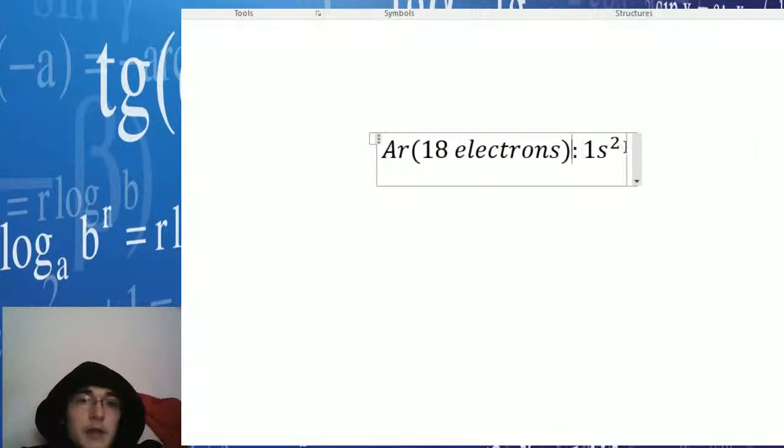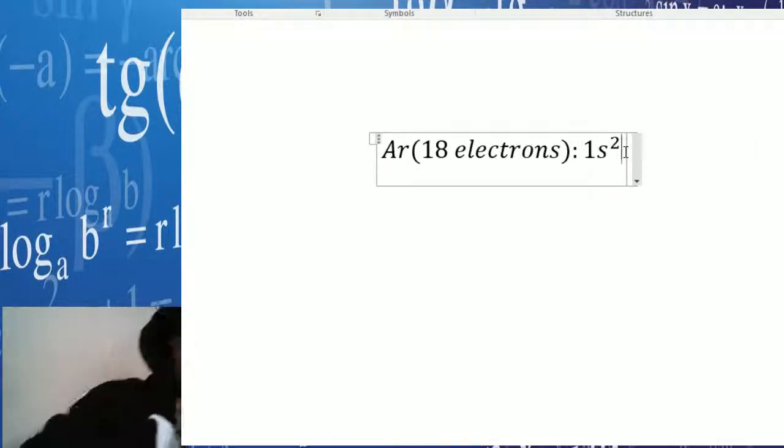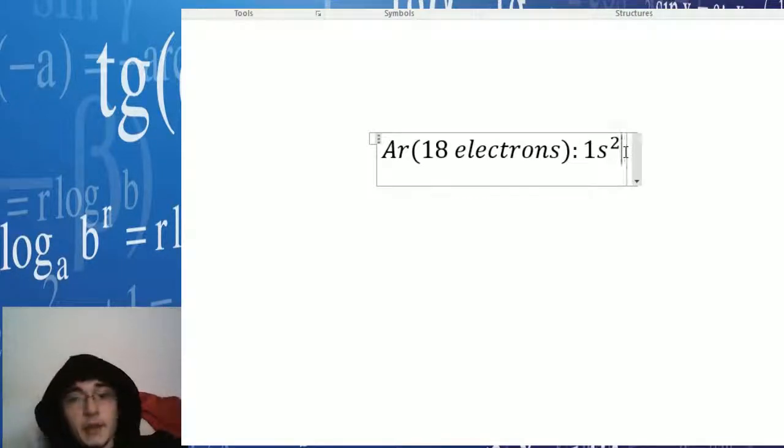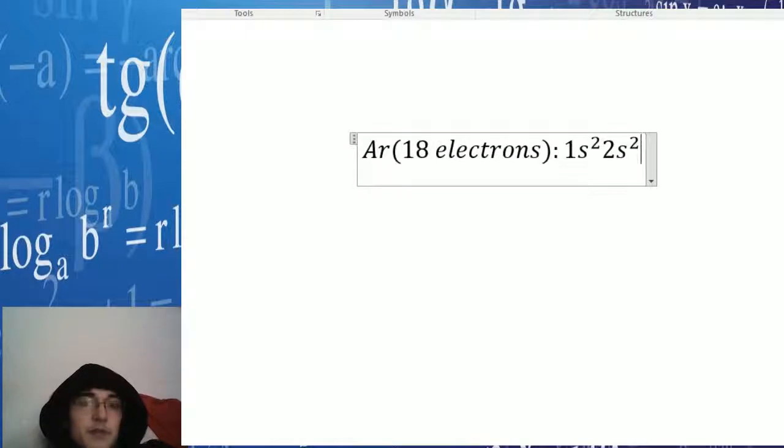You have to fill out everything. Now the second one is 2s2. Why? Because you have growing n plus L, and you have to grow something, so n grows.